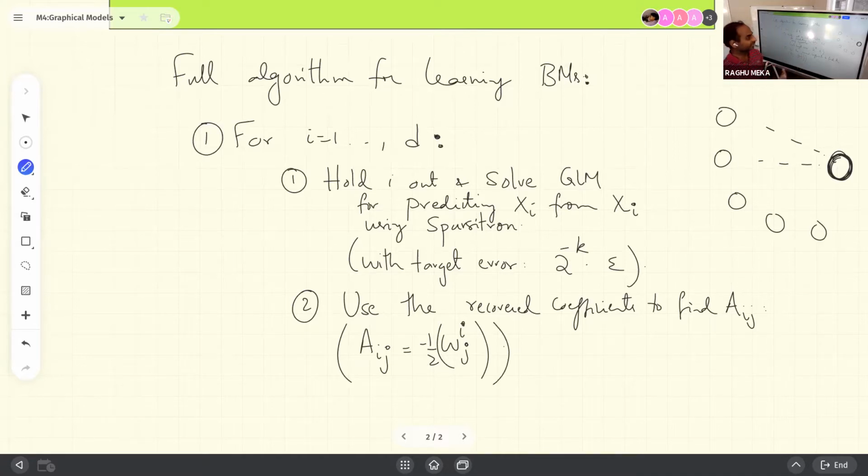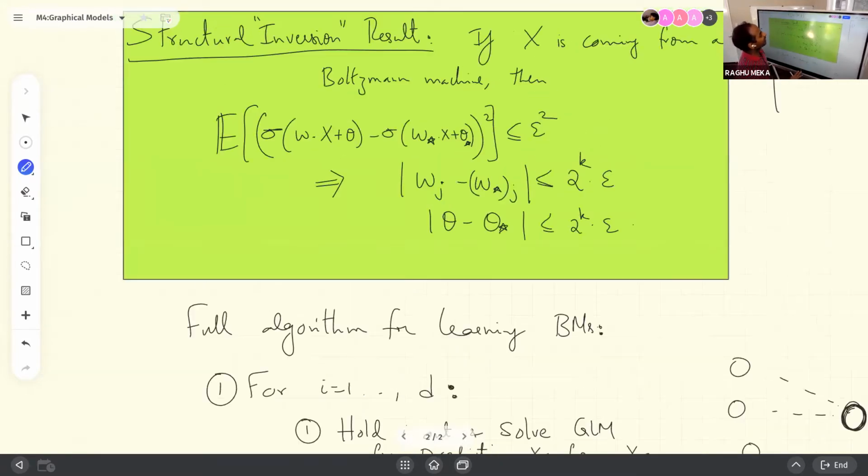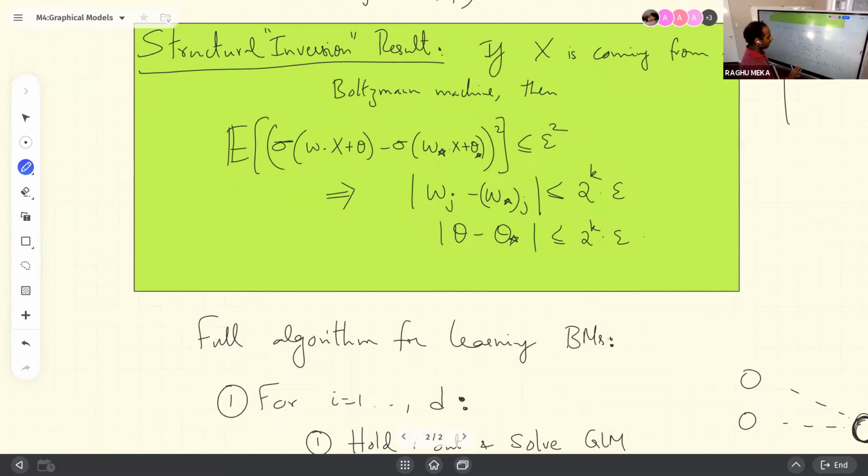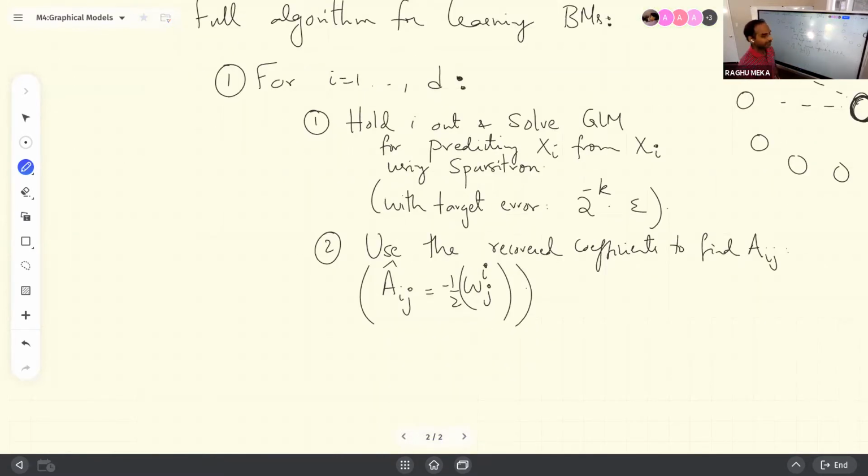So when we did the sparse regression, the condition was that these W stars are 2 times the corresponding coefficient. And so once I find them, I just scale them up and I get A_ij. Okay? And you're basically finding a weight matrix where each entry is close to the unknown entry within epsilon. That's your recovery guarantee. So you're not just finding the support of the graph, you're even finding the coefficients. So for every ij, I'm finding something which is epsilon close to it.